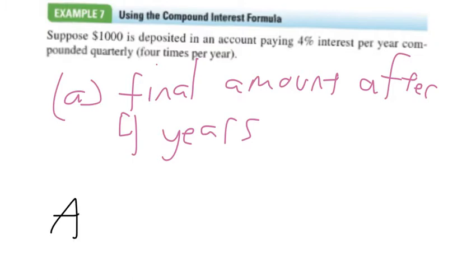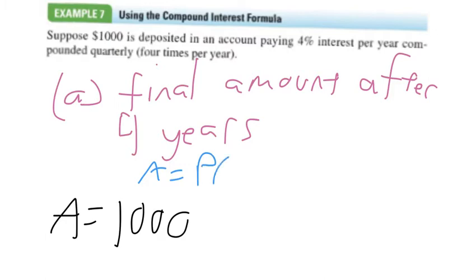Okay, your final amount is equal to your initial amount or your principal, which in this case would be 1,000. Because remember, let me write the formula right here. It's equal to the principal amount times 1 plus the interest rate divided by the number of times per year it is compounded, raised to the power of N times T, with T being the time in years.